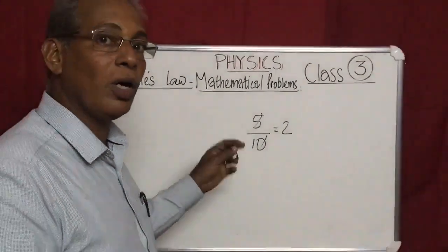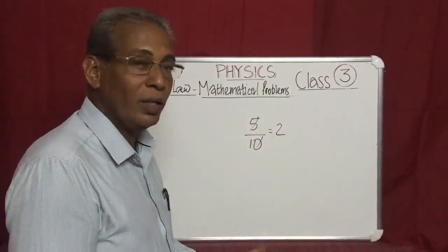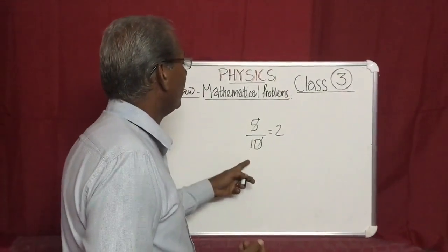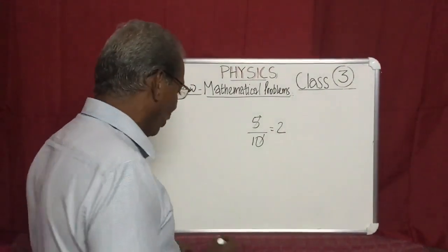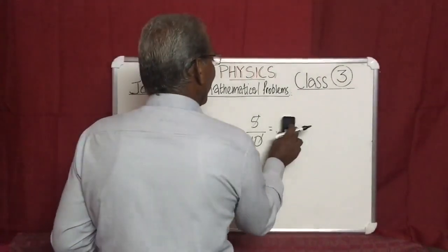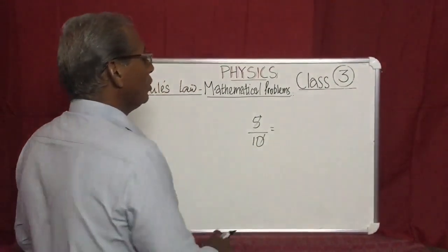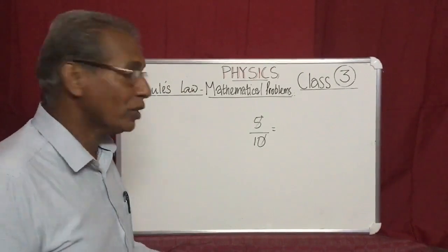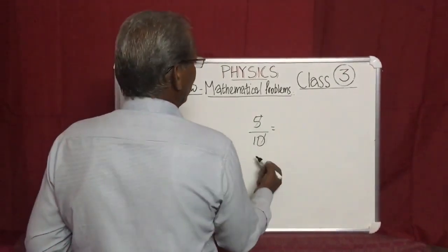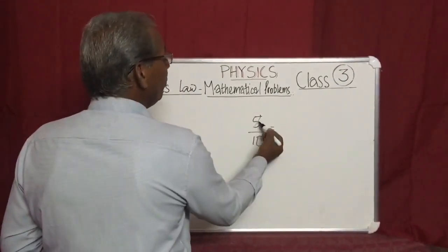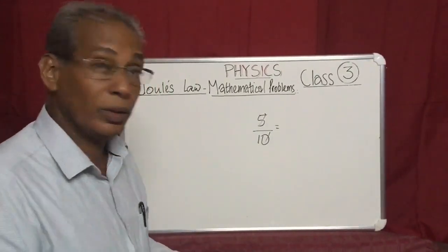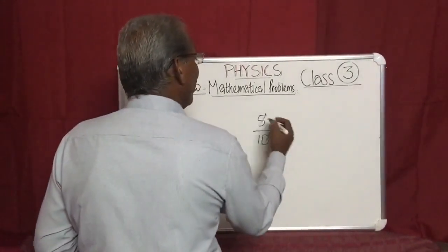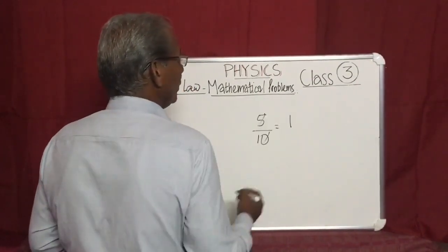You know it is wrong, but by mistake we write 5 by 10, cancelling, we write 2. Actually it is not 2. To avoid this, we ask the question like this: 5 by 5, how many times can it include? 5 by 5 we get 1.